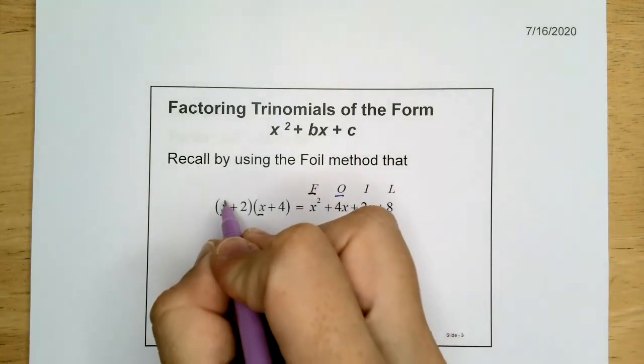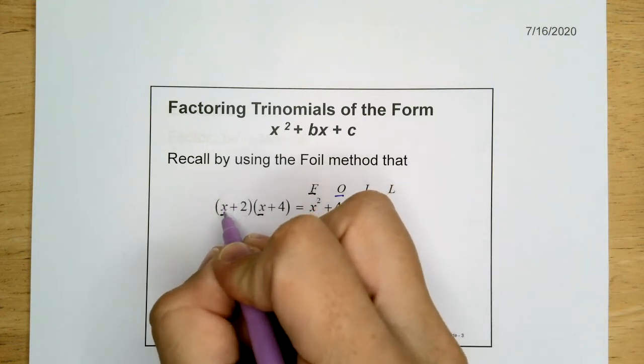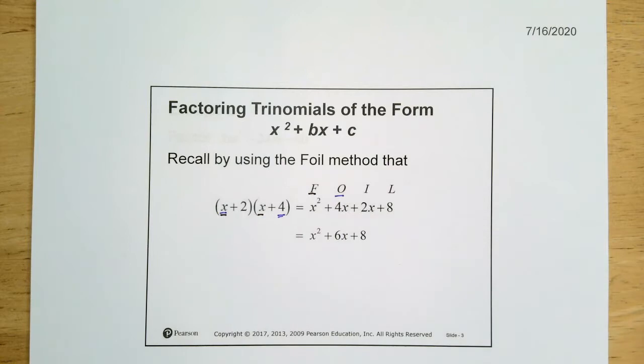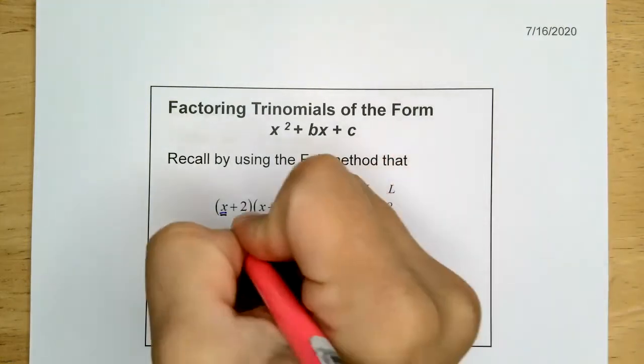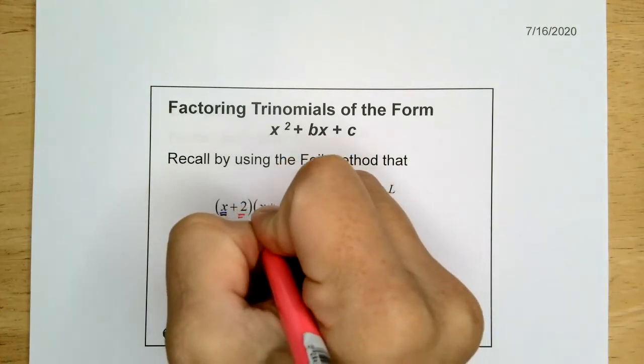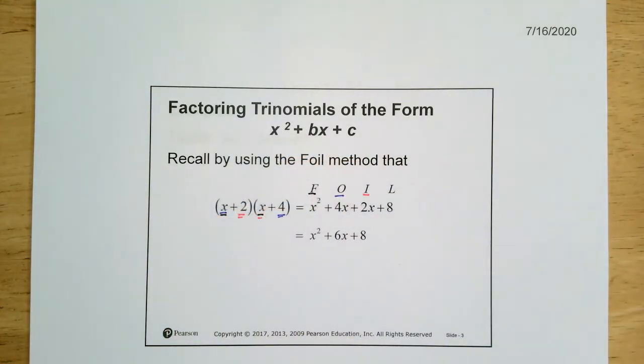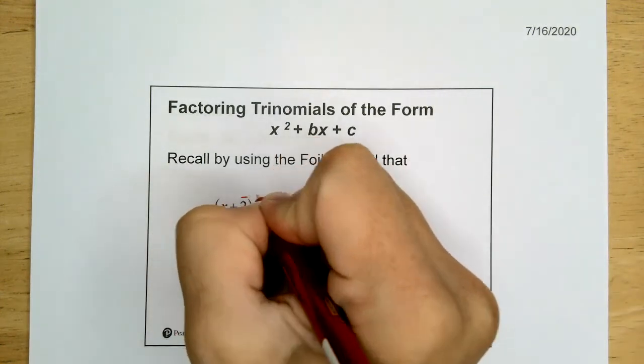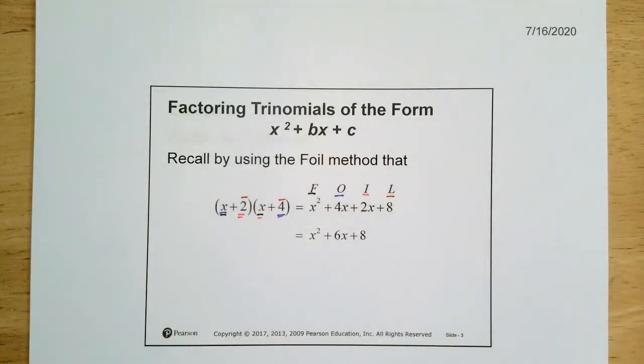O was first times last, outside. I was inside, so last times first. And L was the last number and the last number.